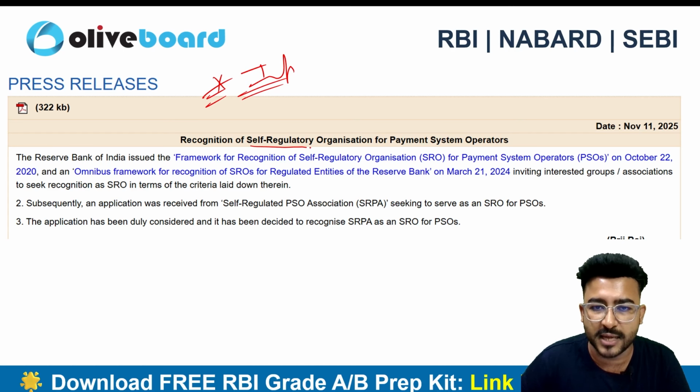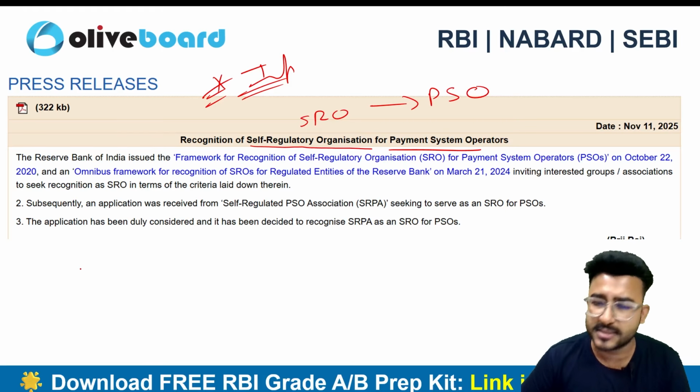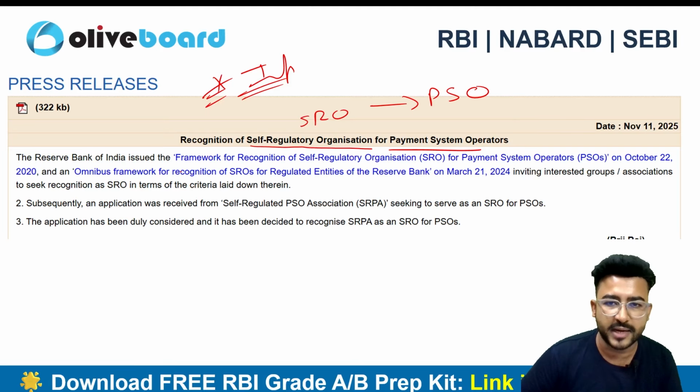Recognition of a self-regulatory organization, SRO, for the payment system operators. So RBI has recognized a self-regulatory organization for the payment system operators here, right?